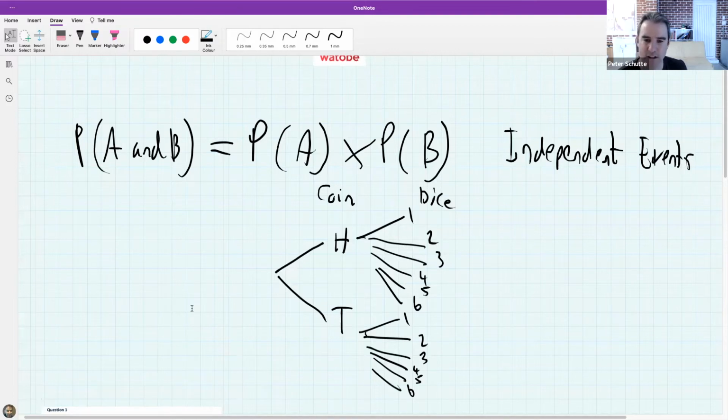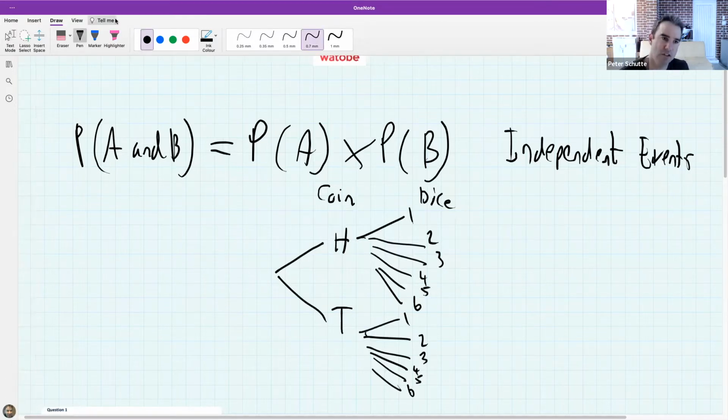How many different possible outcomes are there if you flip a coin and roll a dice? Remember, it's a compound event, and the two events are independent of each other. The result of each is not going to be affected by the other.